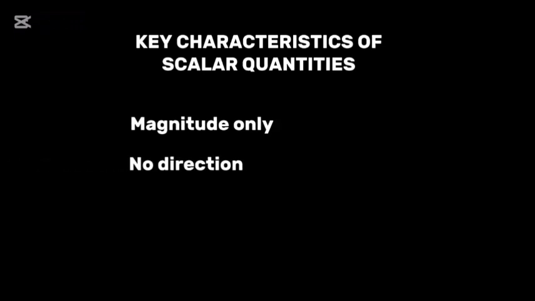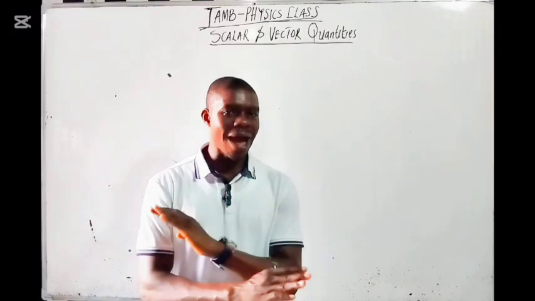So let's look at the key characteristics of scalar quantity. Number 1, magnitude only. Number 2, no direction. Number 3, simple arithmetic.